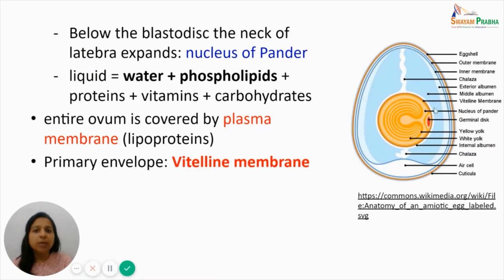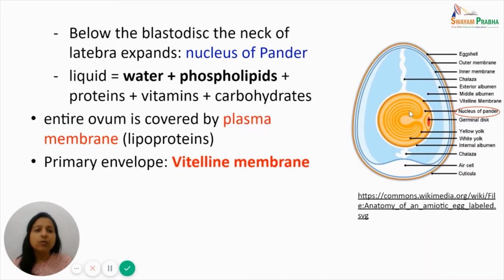Just below the blastodisc, the neck of this latebra expands to be called the nucleus of Pander. Yolk is essentially liquid in nature. It consists of almost 50% water, some 33% phospholipids, 18% proteins, and the rest are vitamins and carbohydrates.